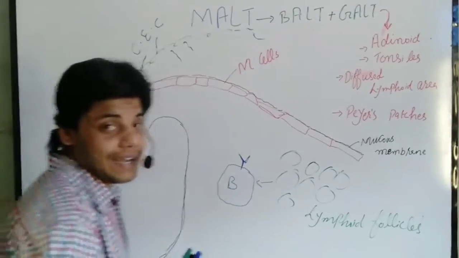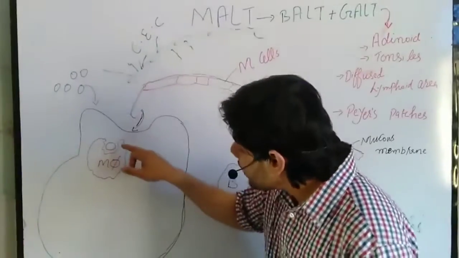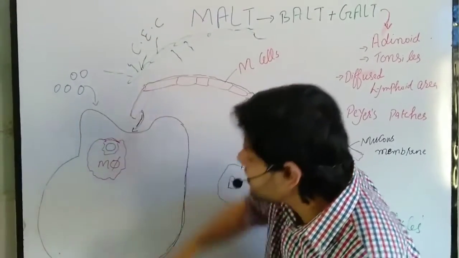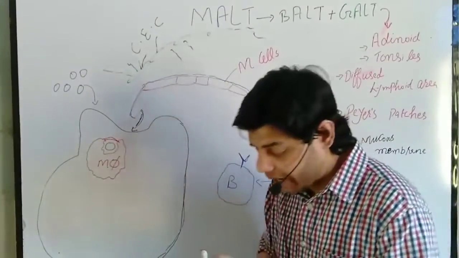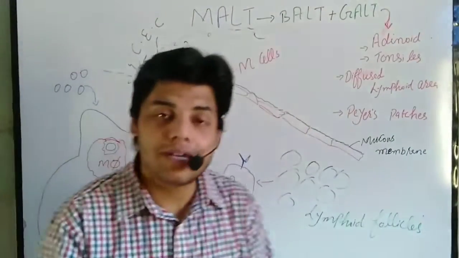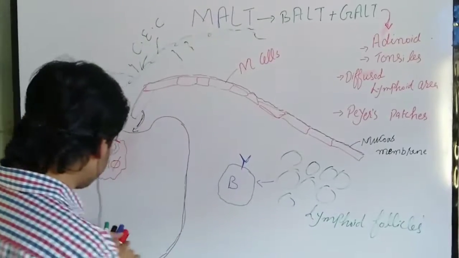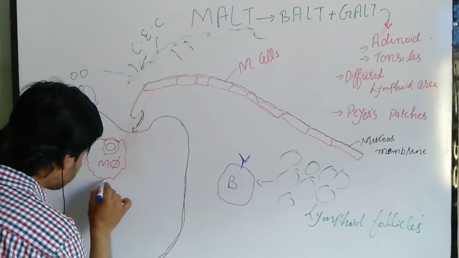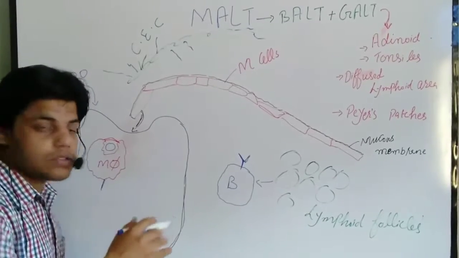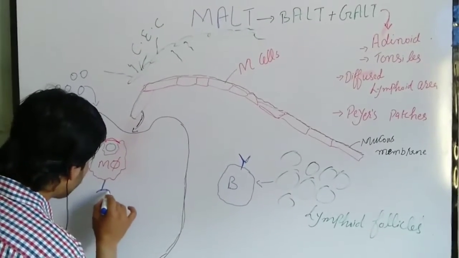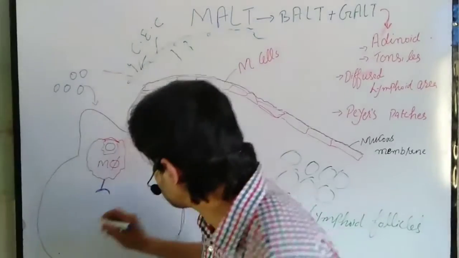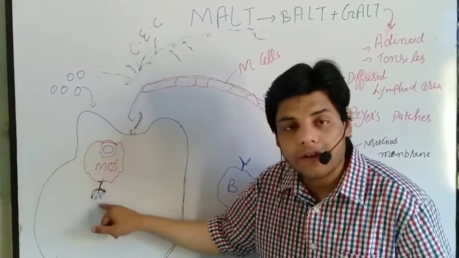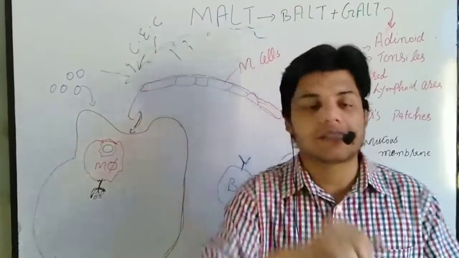This macrophage engulfs it. Once the antigen is engulfed, it is broken down into small fragments, and after some time they present these fragments on their receptor, which we call the MHC2 receptor. Now they can present each fragment to the helper T cells.